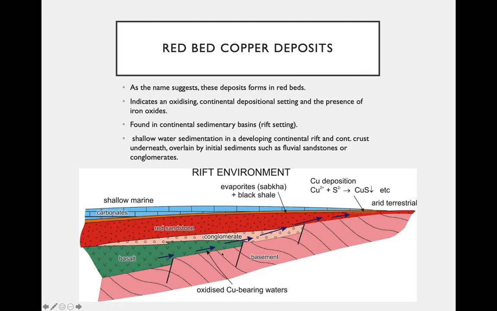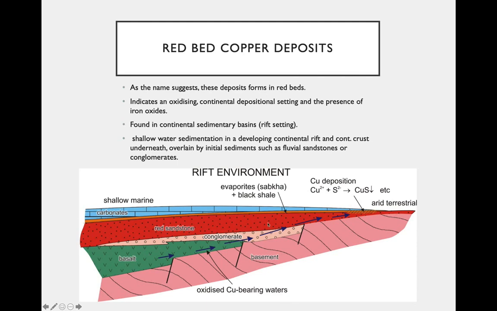So here we have an example. We have our basement, we have a basalt, we have conglomerates, we have the red bed, arid terrestrial, and then we might have carbonates and shallow marine as we progress up the succession. So that we have initial basinal or connate fluids moving through this system.